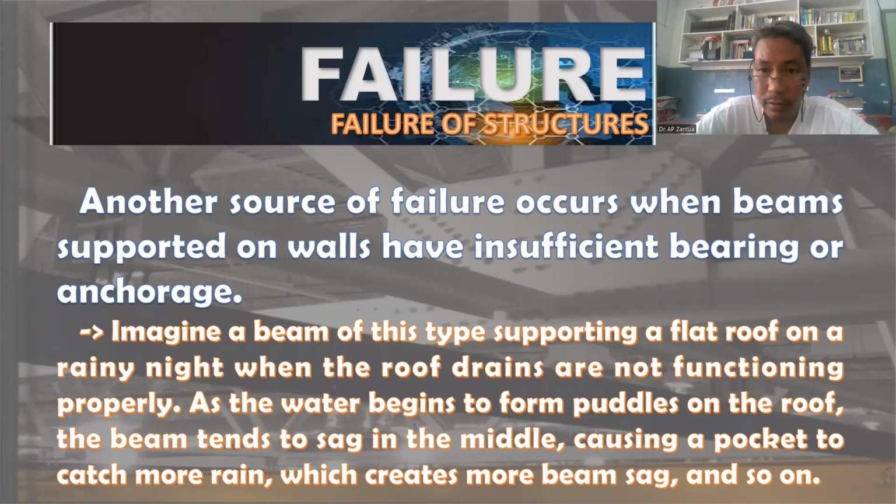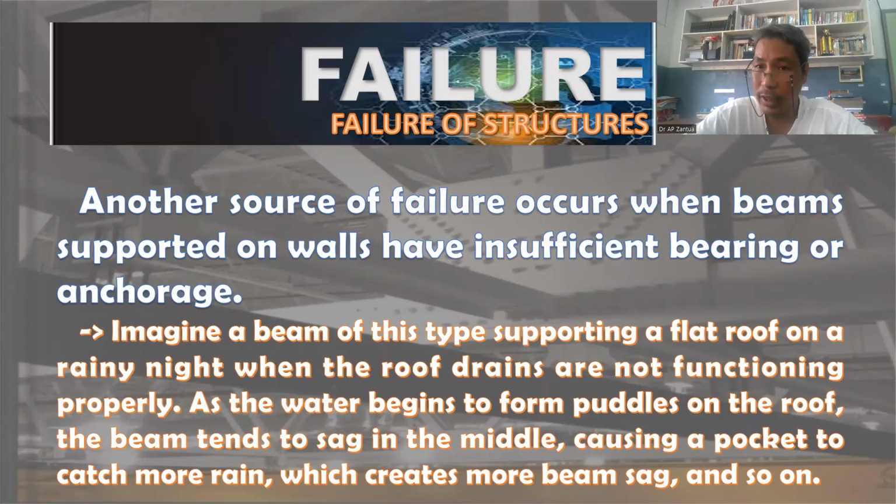There are risks, there are possibilities of water being trapped on the structural elements, and will affect the physical characteristic of the structure element itself. For example, it will sag.